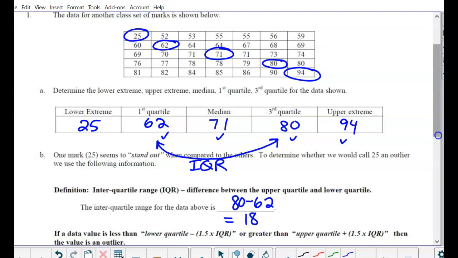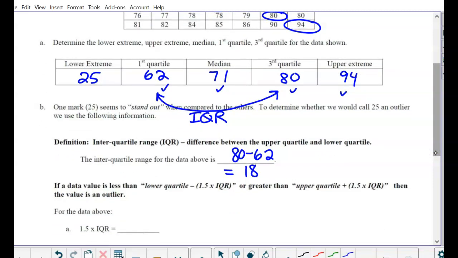So that's 18. So if a data value is less than the lower quartile minus 1.5 times 18, or greater than the upper quartile plus 1.5 times 18, then the value is an outlier. So basically you want to multiply your interquartile range by 1.5.